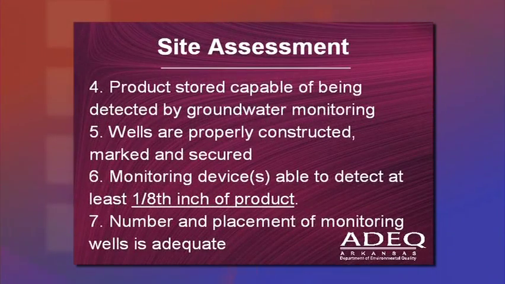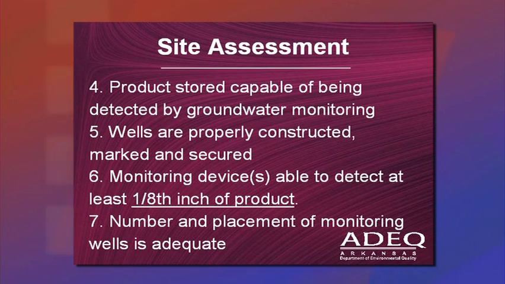The product stored has to be capable of being detected by groundwater monitoring, meaning that its specific gravity has to be less than 1 so that it sits up on top of the groundwater. Whatever monitoring device you're using to detect product sitting on top of the groundwater in the monitoring well has to detect at least 1/8 of an inch as a minimum.